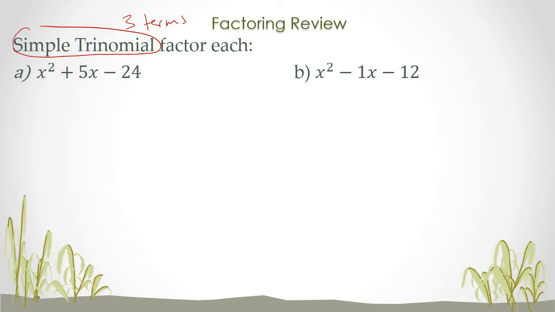So if I look out front of my x squared, there's just a 1 there. And for b, if I look outside my x squared, it's just a 1. Now you can't just have 3 random terms. So we got to kind of refine that a little bit. You have to have 3 terms, but it's got to be an x squared, an x, and a plain number.